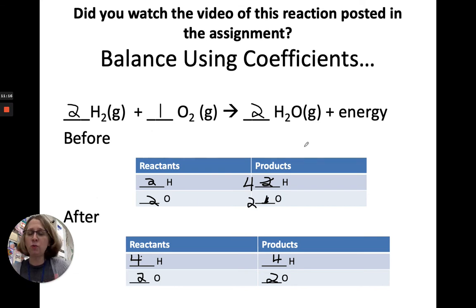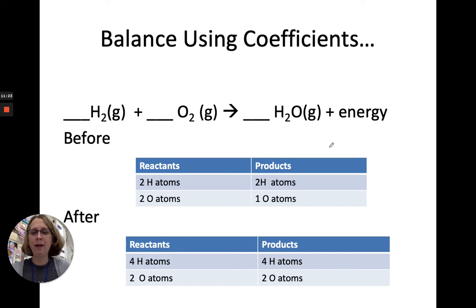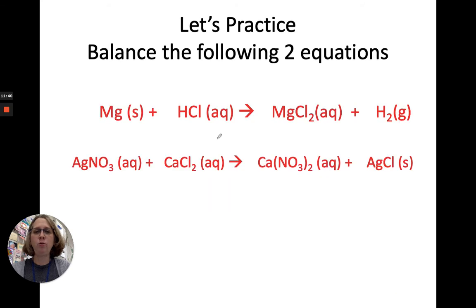So that they're just rearranging their bonds to make a new product, okay? So again, here's the before and after. And to balance it, we would be putting the 2 here and the 2 here and the 1 here, okay?